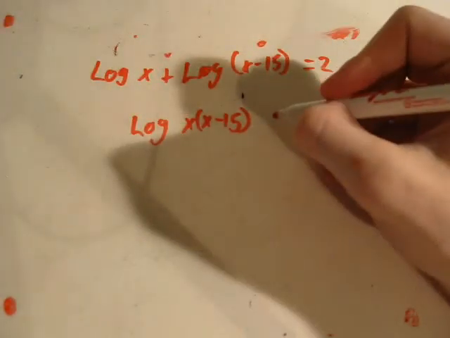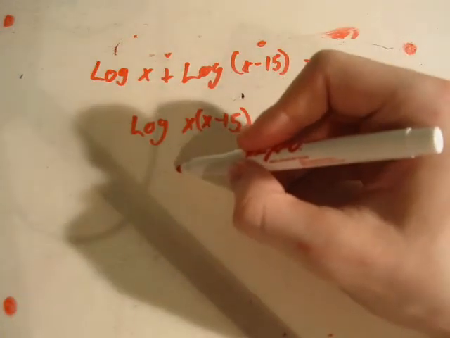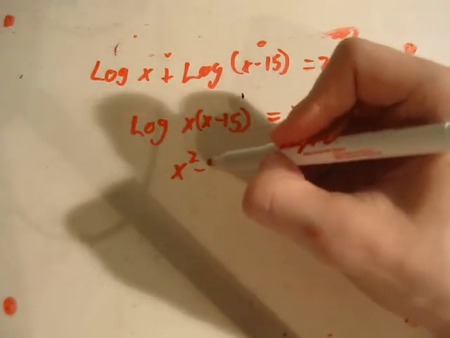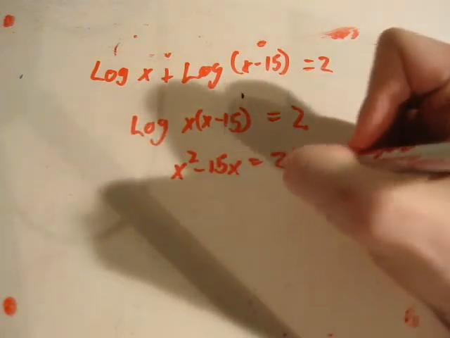So this becomes 2. Then you've got x squared minus 15x equal to 2.